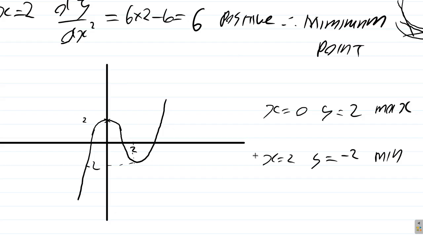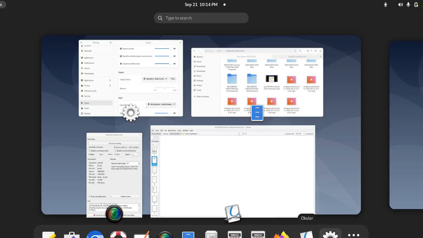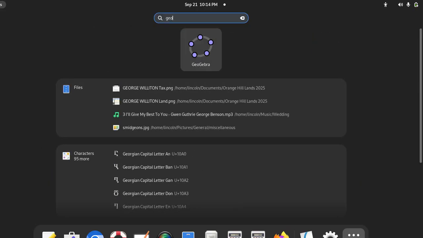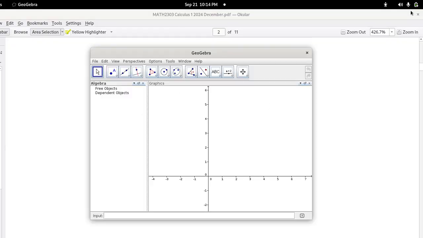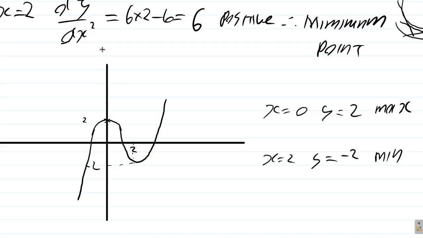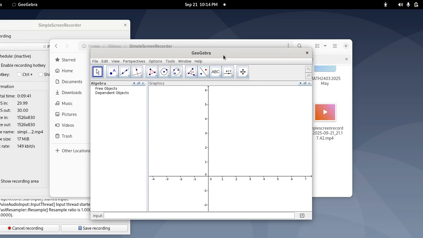Now, let us see if we can get a graph of this function. What would a graph of this function look like? Let's go to GeoGebra, a graph plotter. The function is y equals x cubed minus 3x squared plus 2.